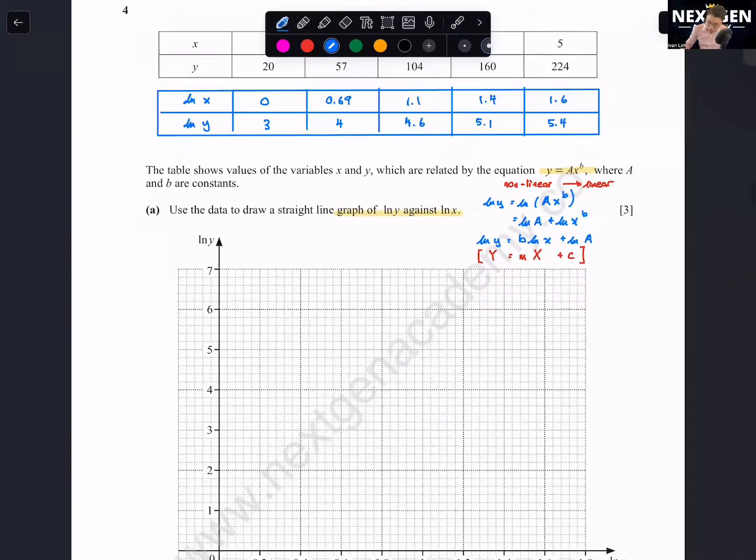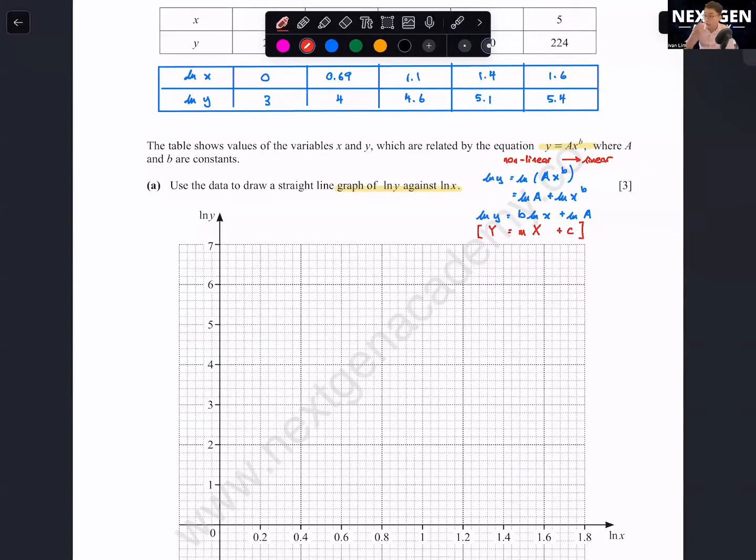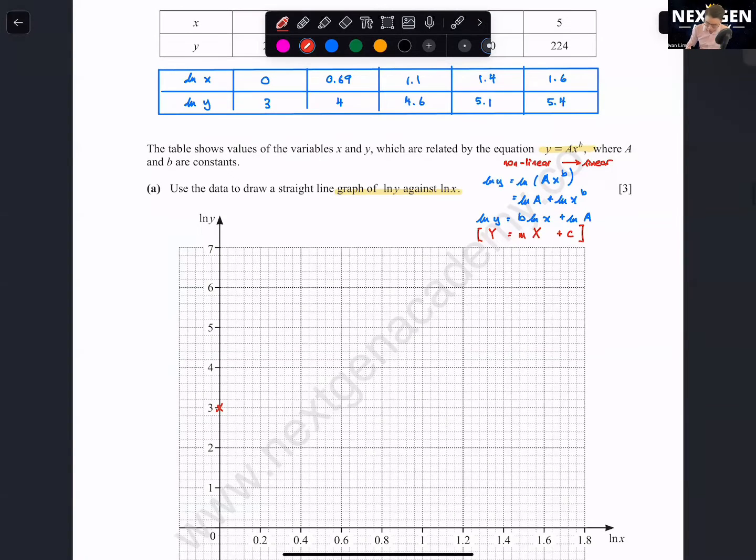After you have calculated the new values, I want you all to plot out the points. So first one, 0, 3.694. You also need to know how much one box at the bottom here represents. In between the gap is 0.2, then you have 5 boxes.